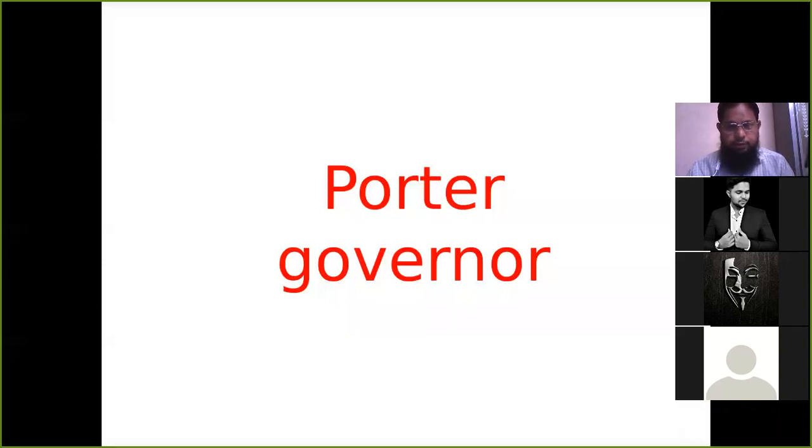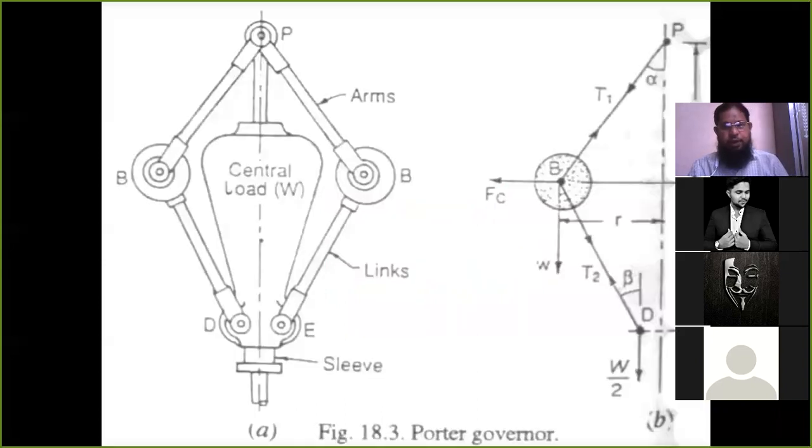Now Porter governor. Have a look at this diagram. This is a diagram of Porter governor. So what we have is four links. The upper links are called arms. The lower links are called links, right?